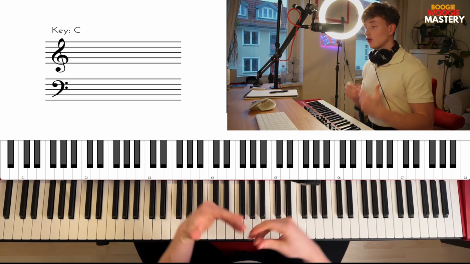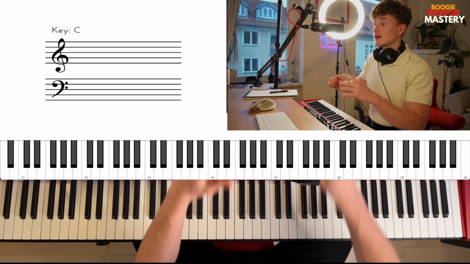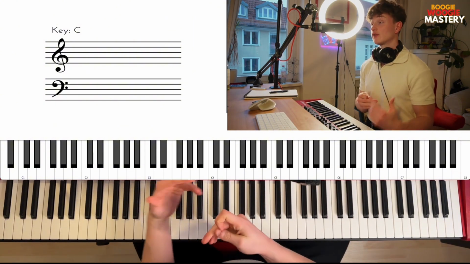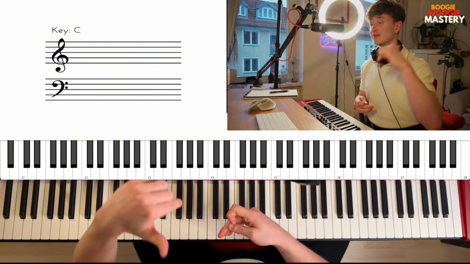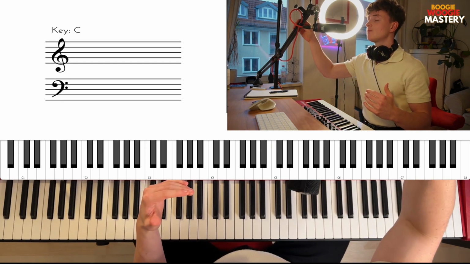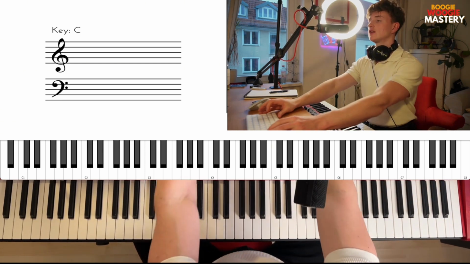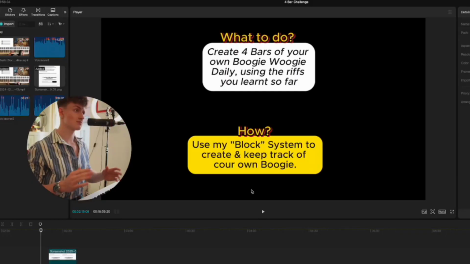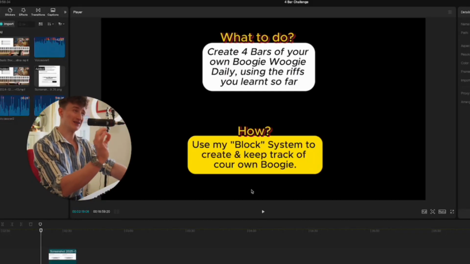So how do we go about this? Well, let me introduce you again to the block system. I'm not going to cover it in detail because I have a cheat sheet below this lesson, a PDF file. So look at that file as well, maybe while the lesson is running and before or after, to understand it more. So what do we do doing this challenge?